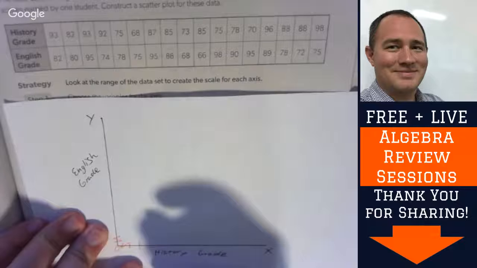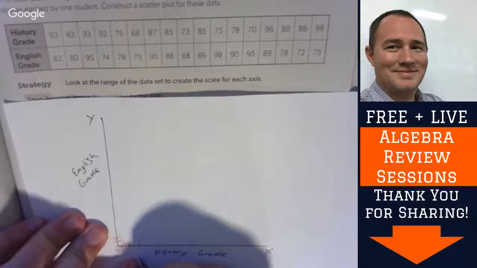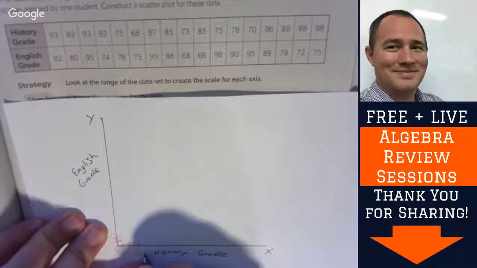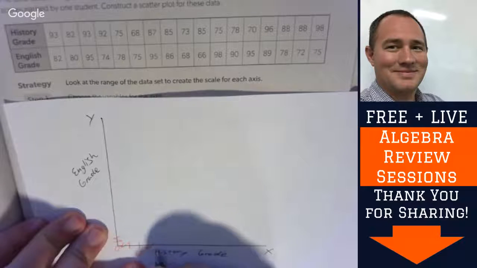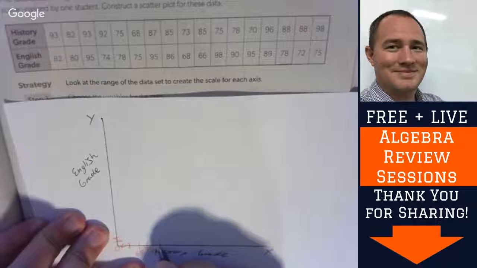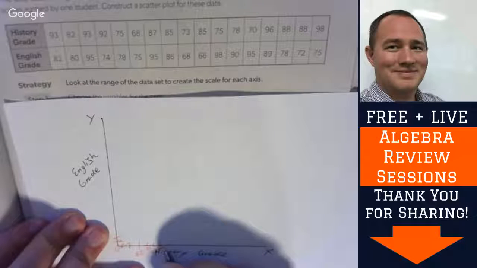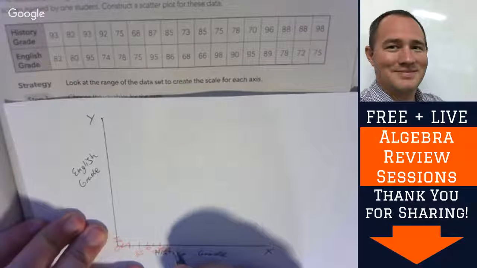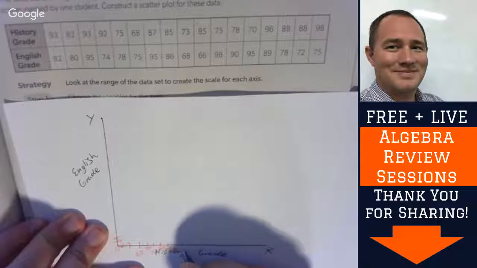So let's call this 65, 70, 75, 80, 85, 90, 95, 100.